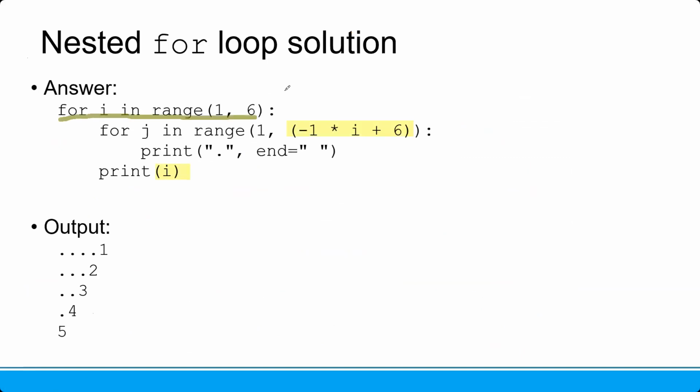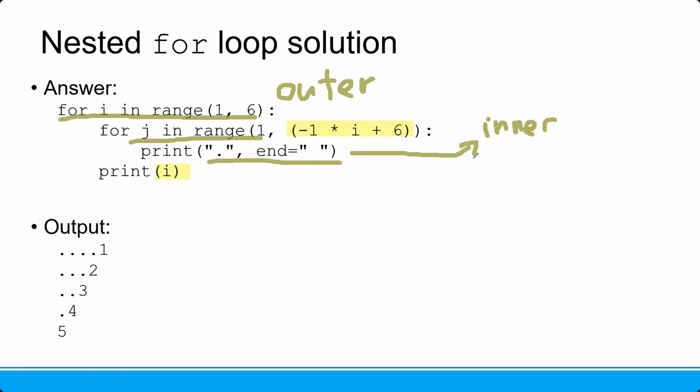This is the outer loop. This will be the inner loop. And then I would like to print it. So this is the print for the inner loop. And once you finish with this inner loop, you will go to the next one.